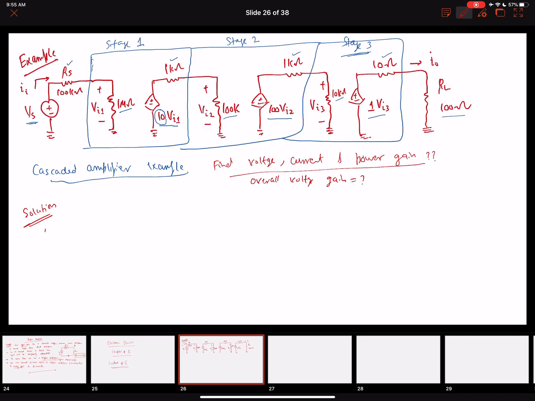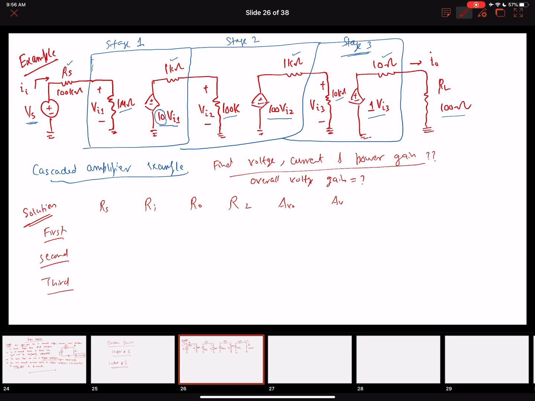Okay, so we have first stage, second, third stage. And then our values are, we have a source resistance, an input resistance, an output resistance, a load resistance. We have an AV naught, and then we need to find out the value of AV.